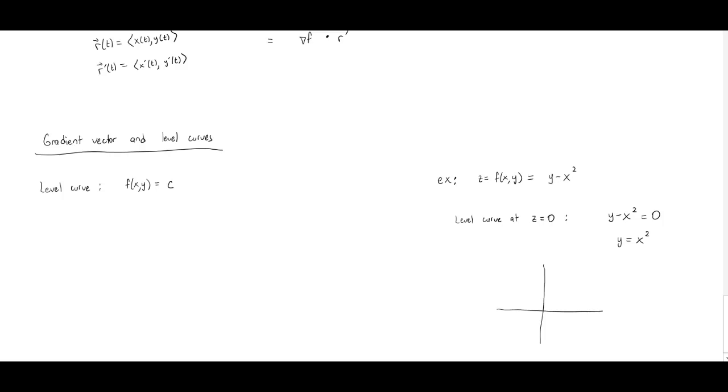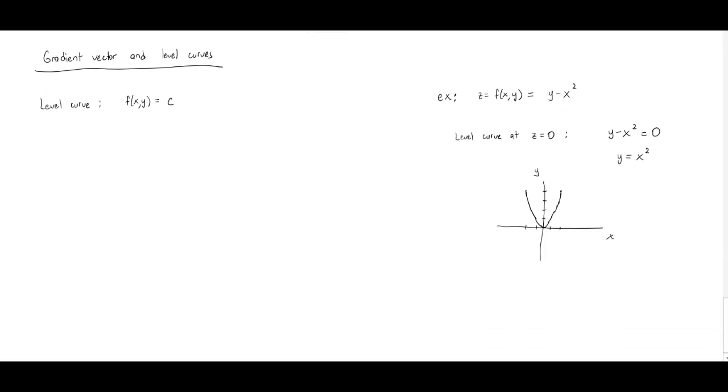That would be a parabola if I were to sketch it in the xy plane. Let me try to draw a picture. Okay, that would be my level curve. Is that good so far?